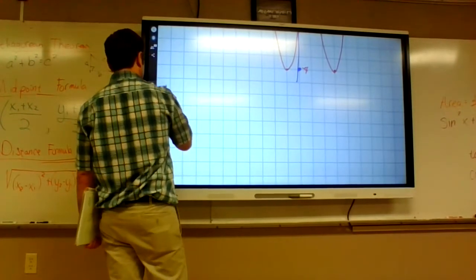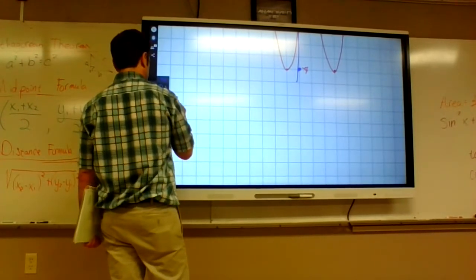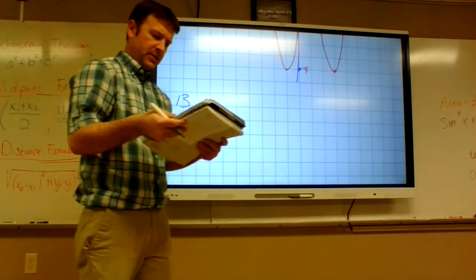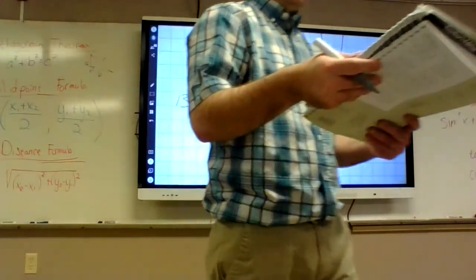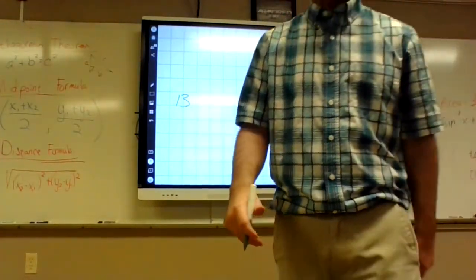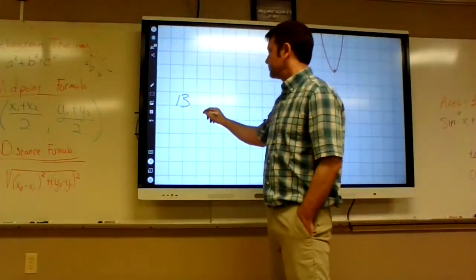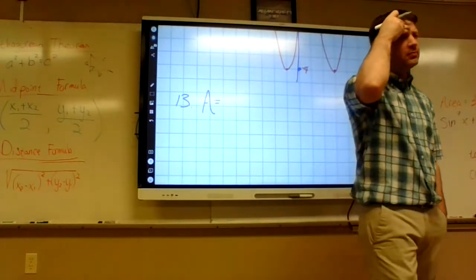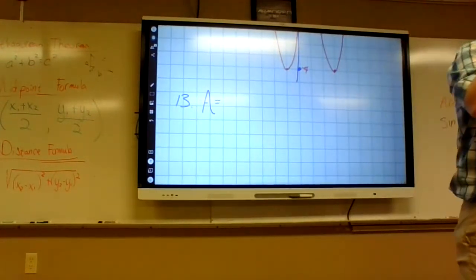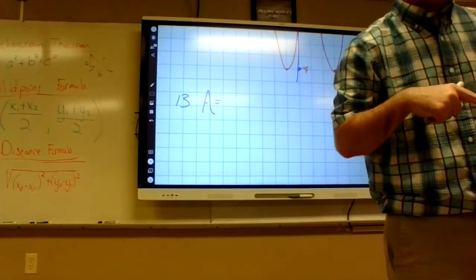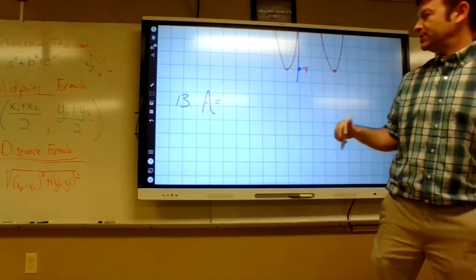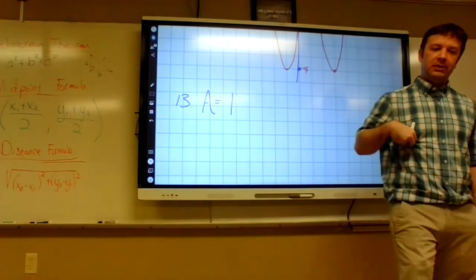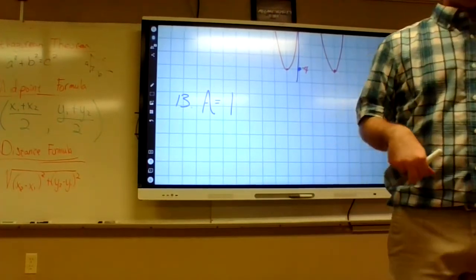Go back to blue. Okay, so 13, what's the amplitude on 13? There is no number in front of the sine, so it's only going to go up 1 and down 1 like normal. So the amplitude's a normal 1. What is the period?